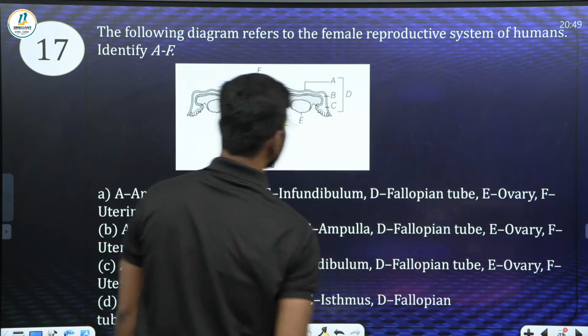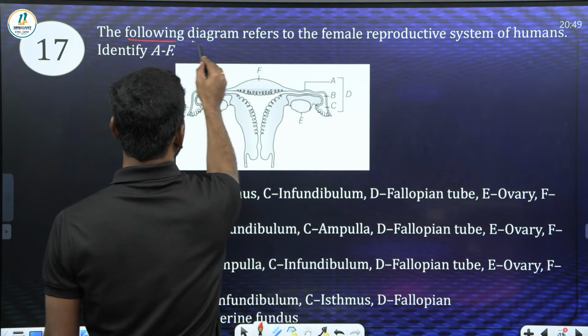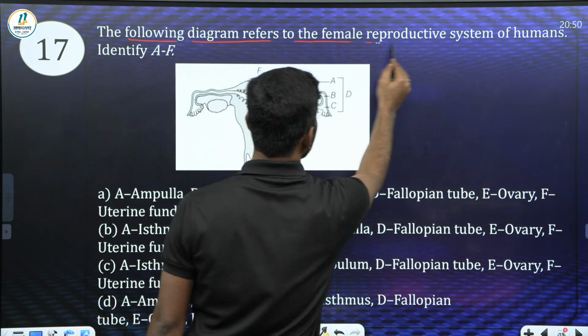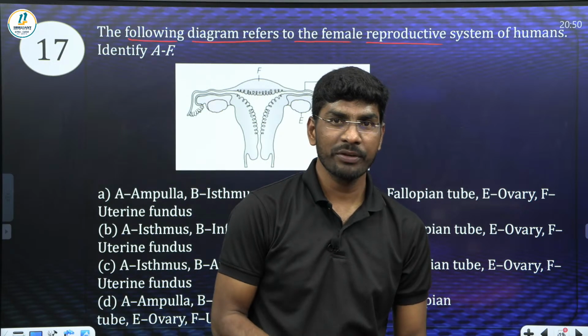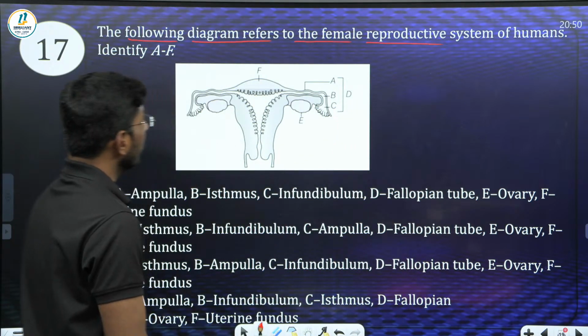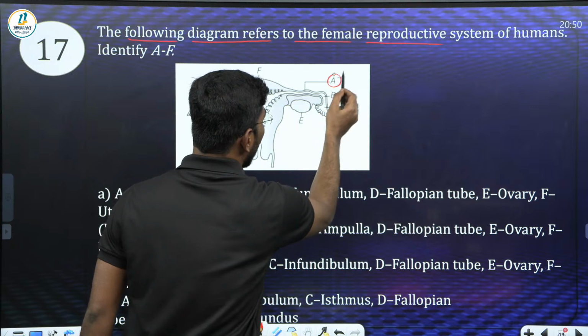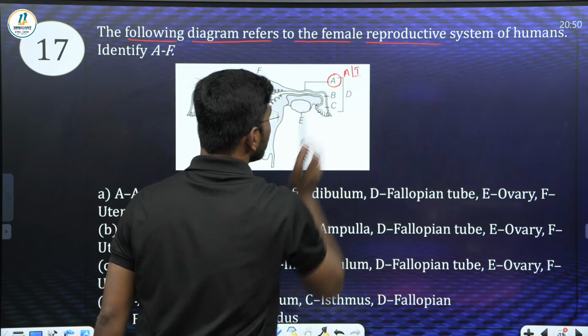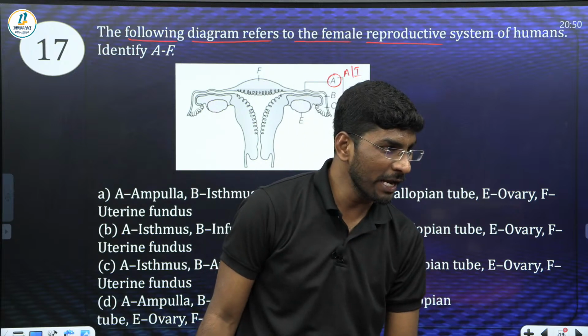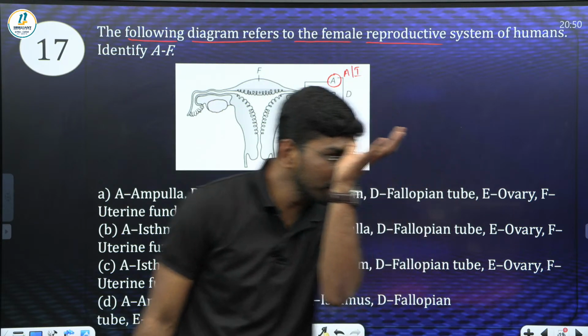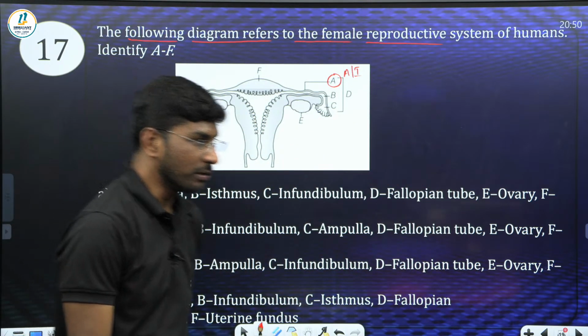The question tells us, Isham, the following diagram refers to the female reproductive system. Sanjay, what is the correct answer? Anyone, Usna? Come on, better try. Is A the ampulla or isthmus? I think A is isthmus, right? Got my point? Now I'm moving on, my dear.